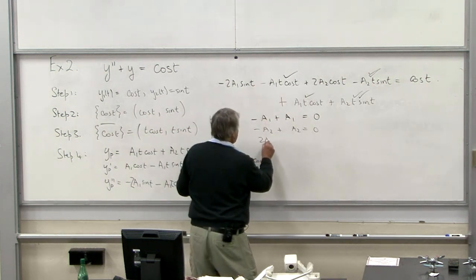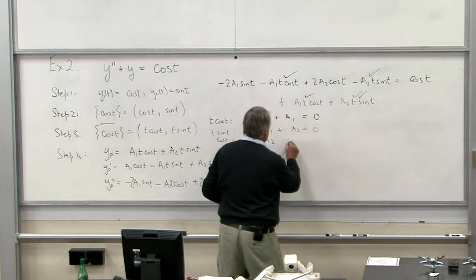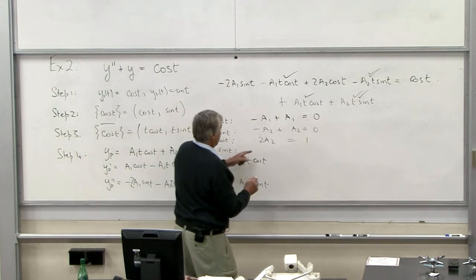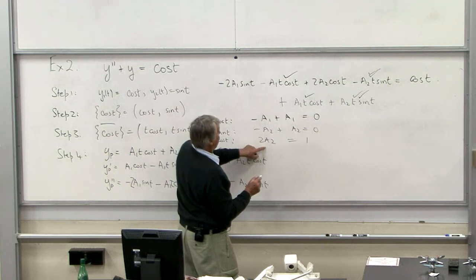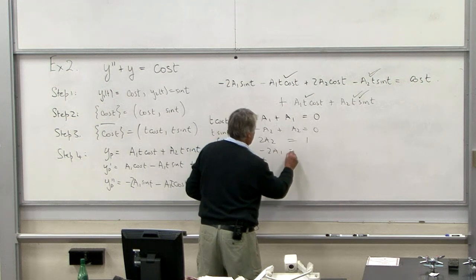Cos t: 2a2, and nothing here, and just 1 on the right hand side. And sine t: minus 2a1 equals 0.